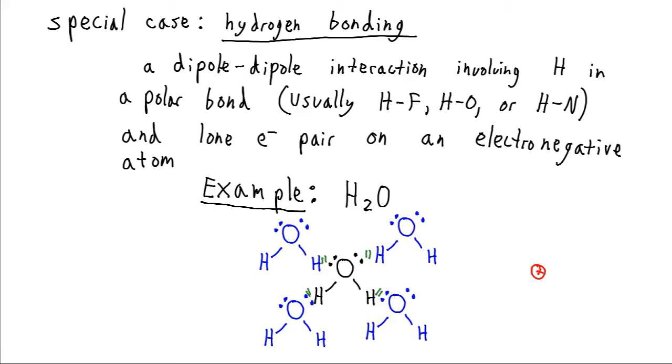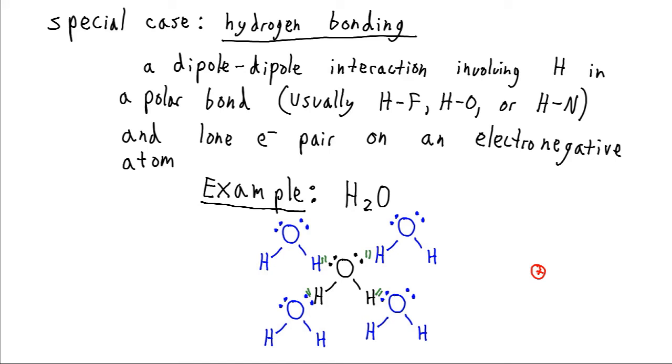And because it's so small, just being this lone proton, it can get in very close to that atom that it's attracted to. And so that's what makes these hydrogen bonds special and particularly strong as far as dipole-dipole interactions go. And this leads to some important properties of water. For example, it has a very high boiling point for such a small molecule, since it has such strong interactions.